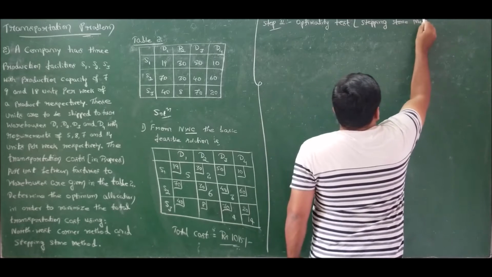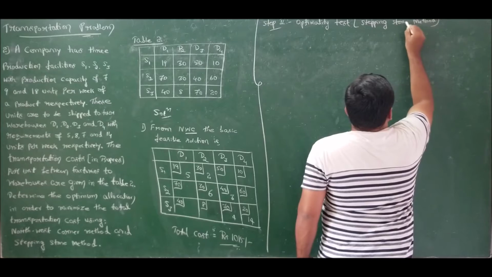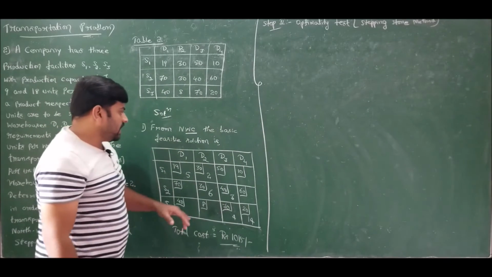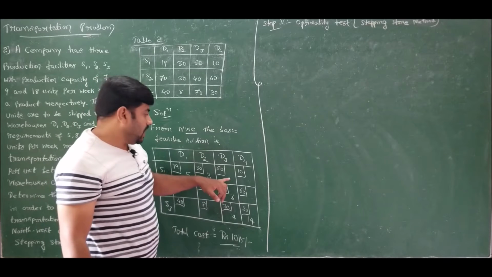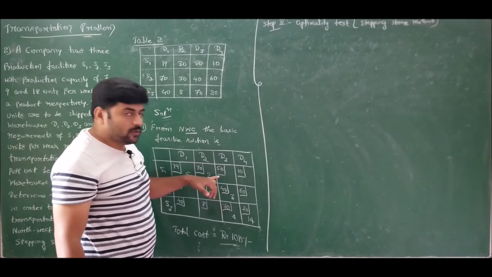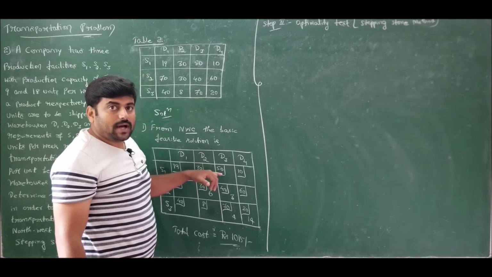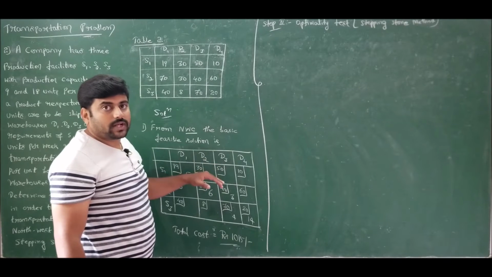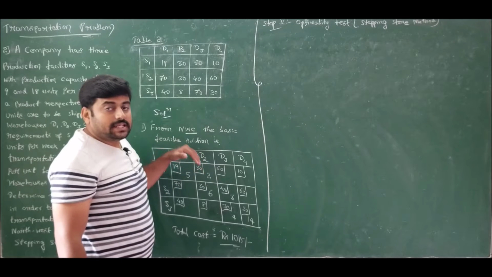In the stepping stone method, we will allocate +1 units to the unallocated position and form a loop. The loop should be formed by going vertically downward or vertically upward, horizontally left or horizontally right. You cannot go along any inclined lines.